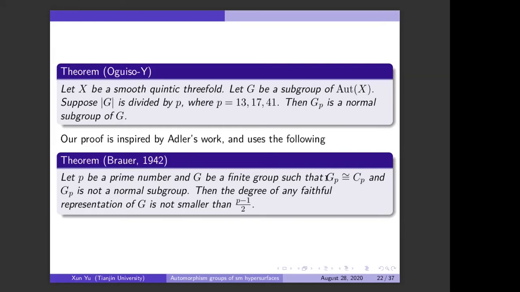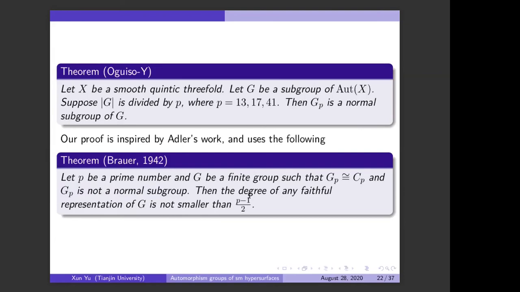This is all very similar. So the Sylow p-subgroup is C_p; this part we can compute. The question is whether it is normal or not. If it's not normal, then any faithful representation has degree at least (p minus 1) divided by 2. So for example, for p equals 13, 13 minus 1 divided by 2 is 6.